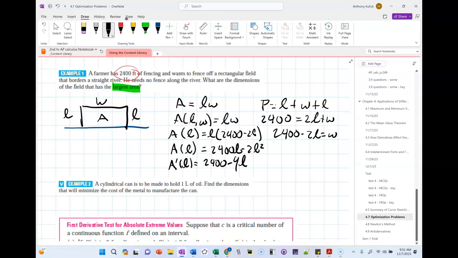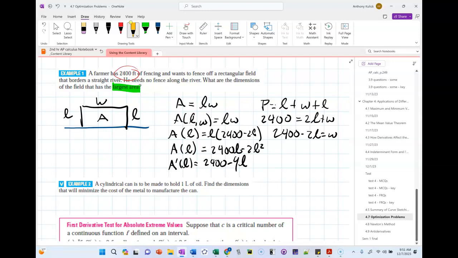So before we continue on here, we should have done something before we took the derivative. What should we have done? We want to do a domain, right? That's incorrect, because we're talking about a physical situation.